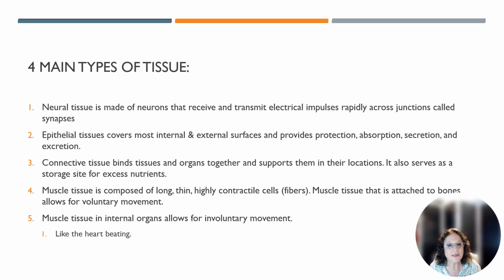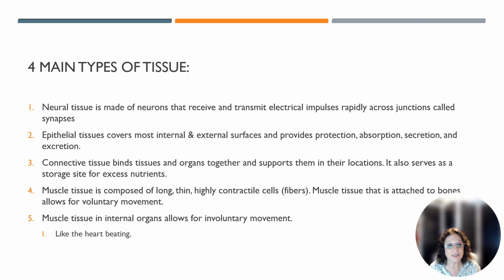Connective tissue binds our tissues together so that they form organs. It also supports the organs in their location, so they're not just moving around inside of our body. And connective tissue also serves as a storage site for excess nutrients. Muscle tissue is composed of long, thin, highly contractile cells called fibers.